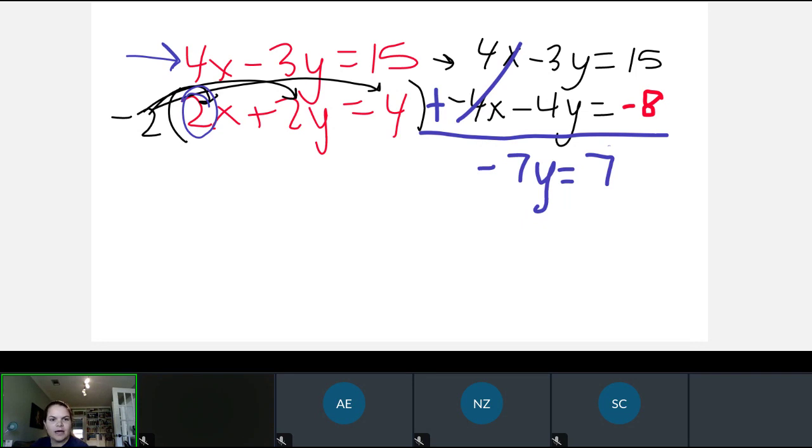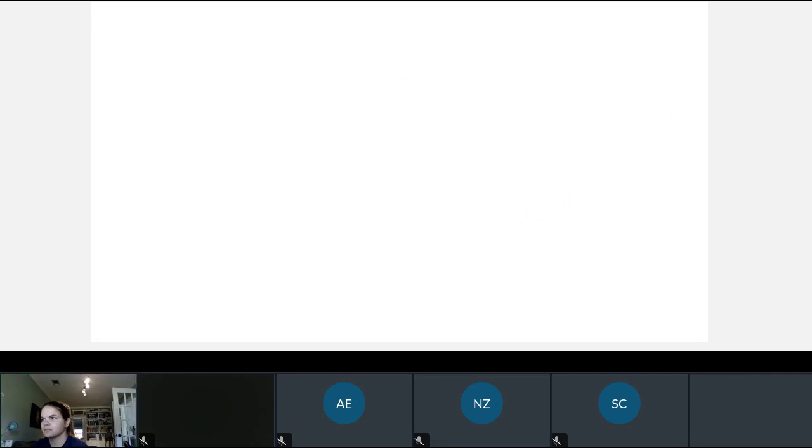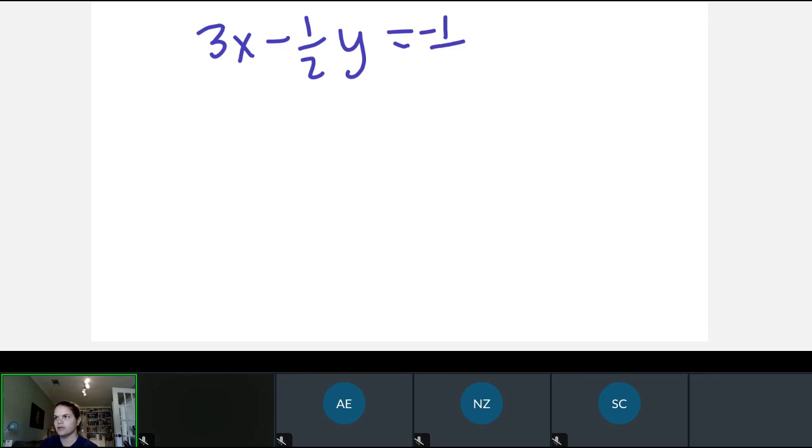For number 5, you have fractions. So, for instance, let's say we have this one, which is 3x minus 1/2 y equals negative 7/2.